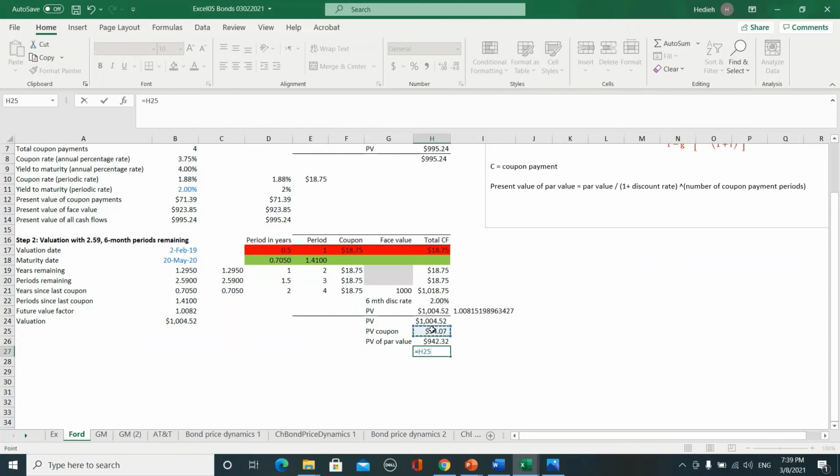you find the present value of your bond in period 1, but you want the present value at 0.705 years, right?